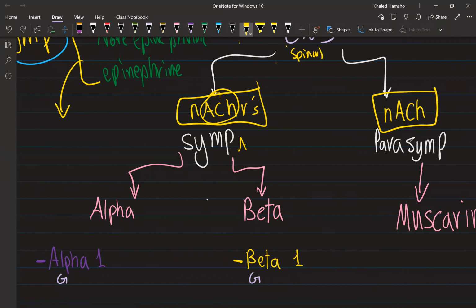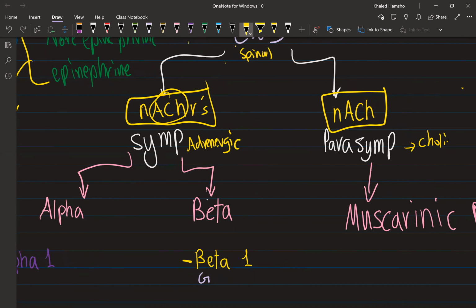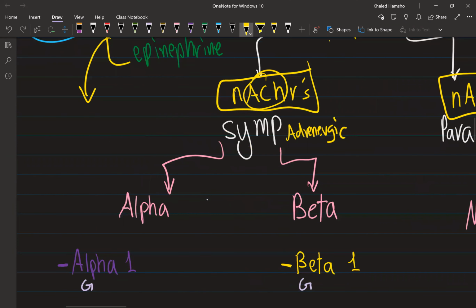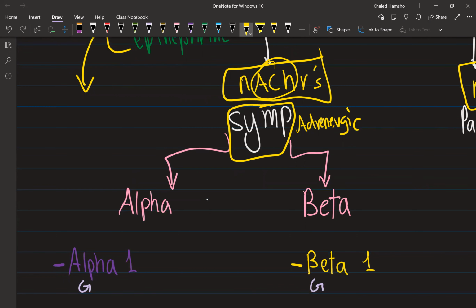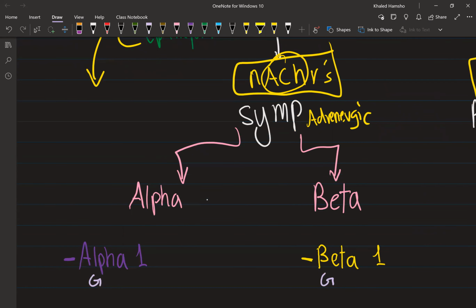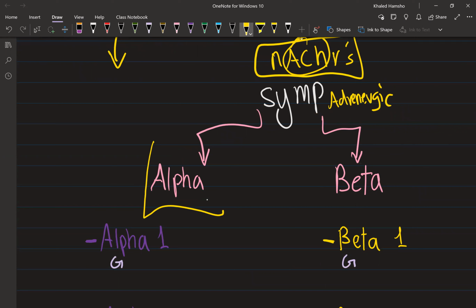Over here on the other side, it's still cholinergic, and it binds to muscarinic receptors, as we mentioned. As far as the sympathetic nervous system, the norepinephrine release can either bind to an alpha receptor or a beta receptor.